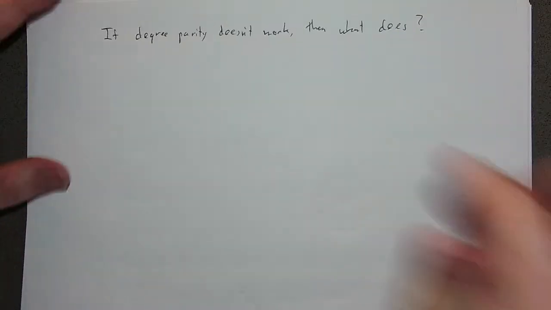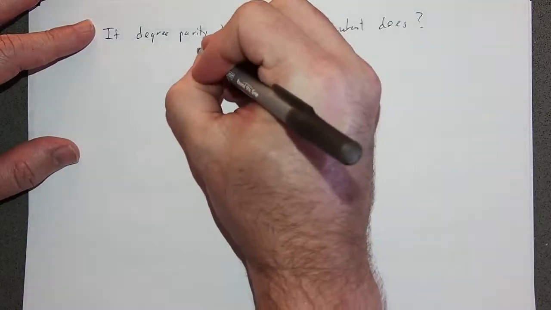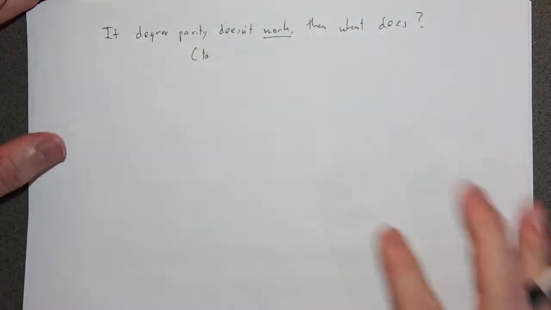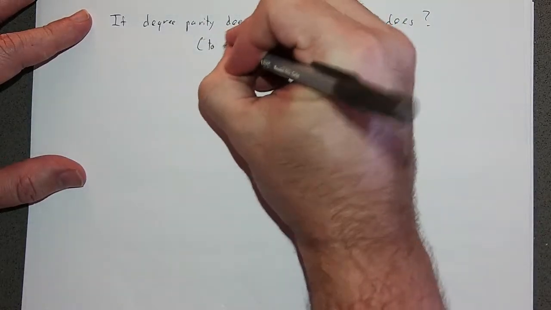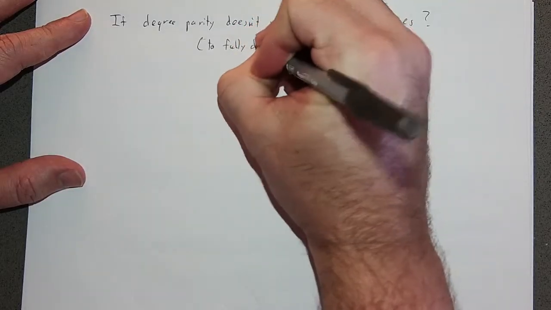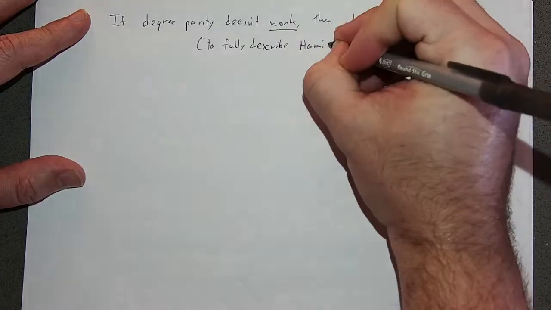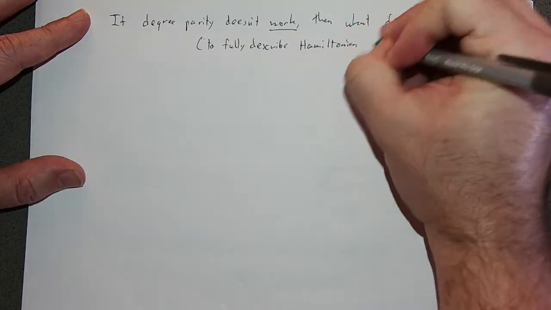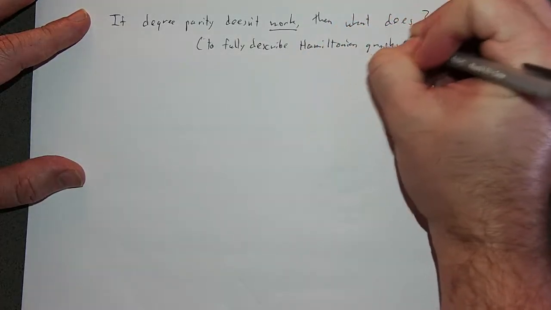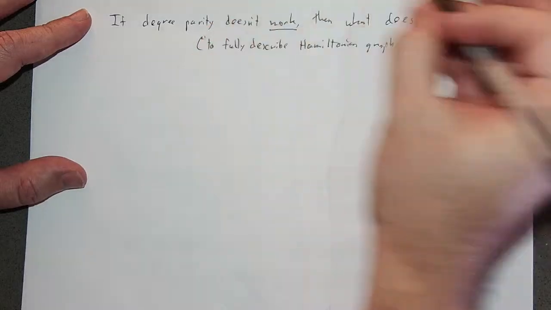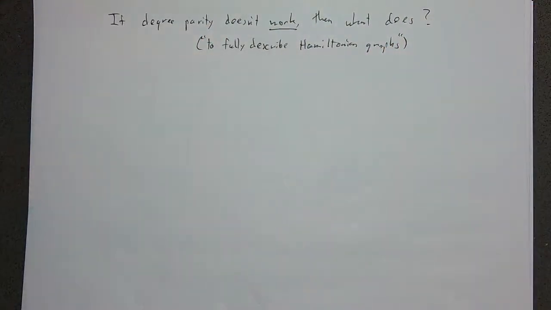If degree parity doesn't work, i.e. to fully describe Hamiltonian graphs, that's what we mean by work here.